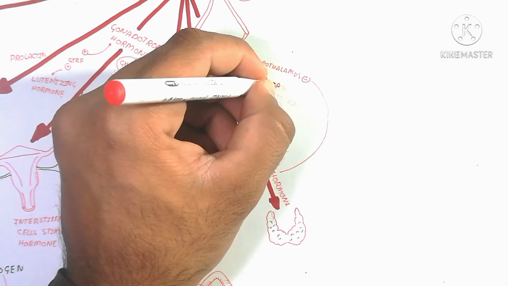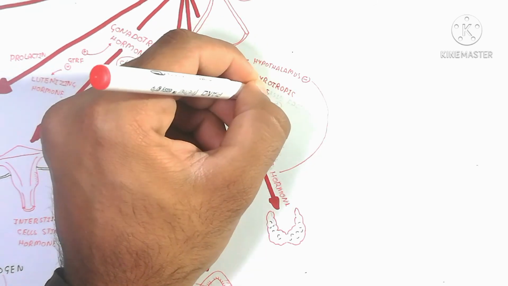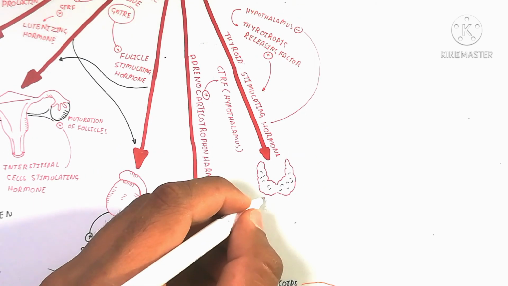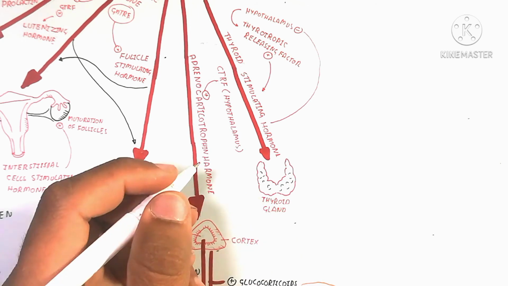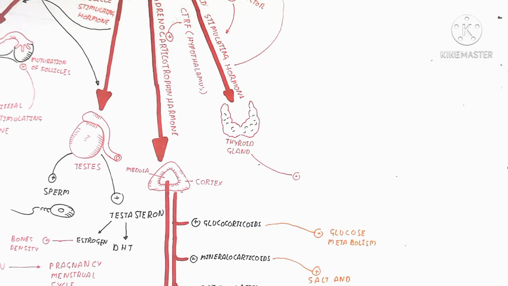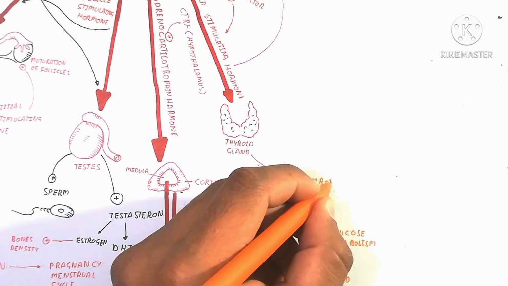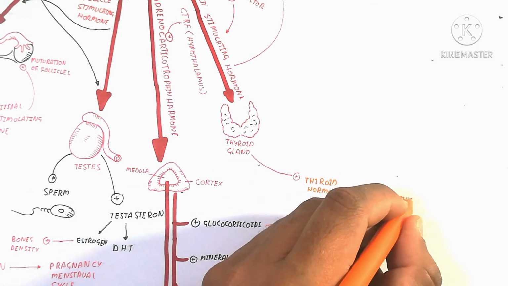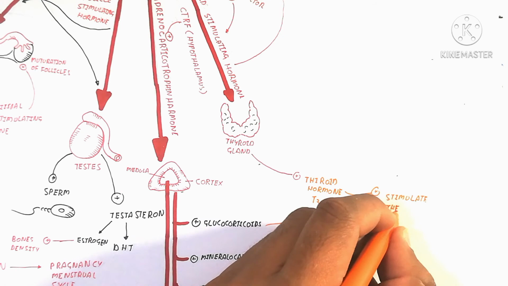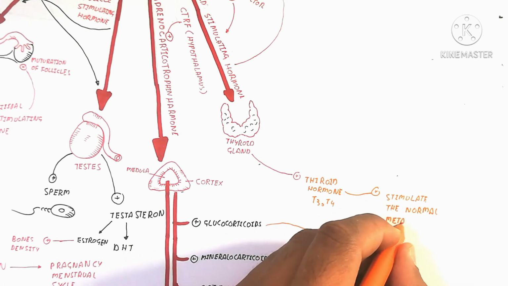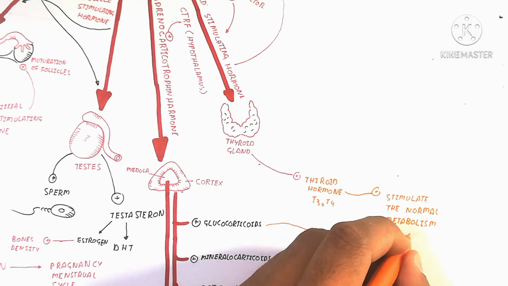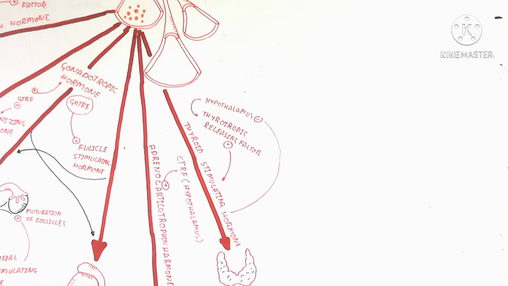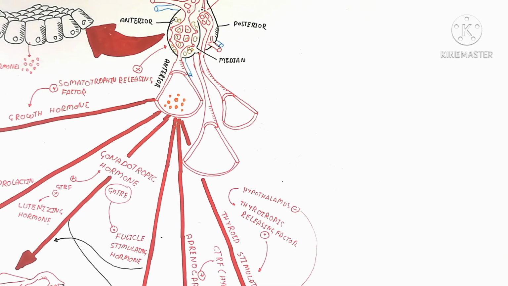Next is the thyroid stimulating hormone. The hypothalamus, by negative feedback, controls thyrotropic releasing factor, which stimulates thyroid stimulating hormone from the anterior pituitary gland, the adenohypophysis, to stimulate the thyroid gland to secrete the thyroid hormones triiodothyronine and thyroxine, T3 and T4, which stimulate normal metabolism and produce ATP as well as calcium metabolism, and different types of metabolism are involved by T3 and T4.